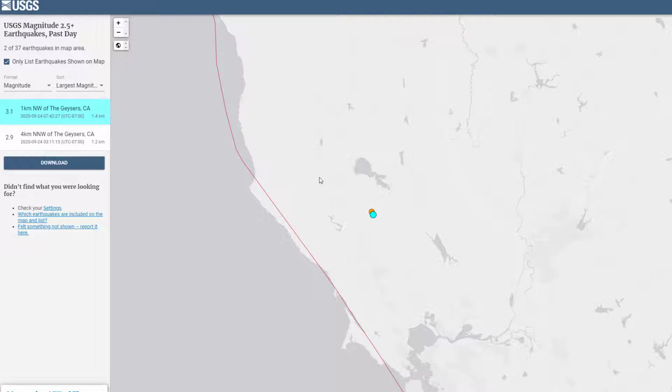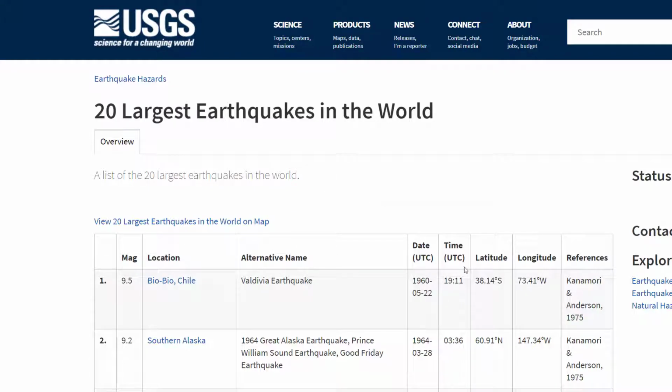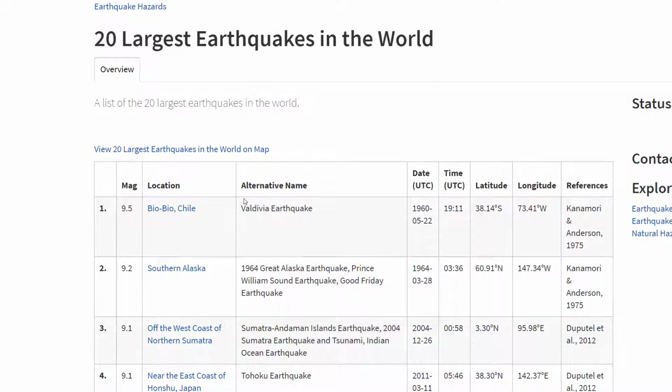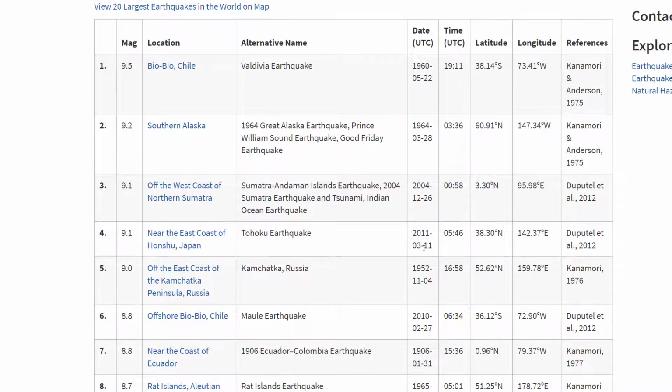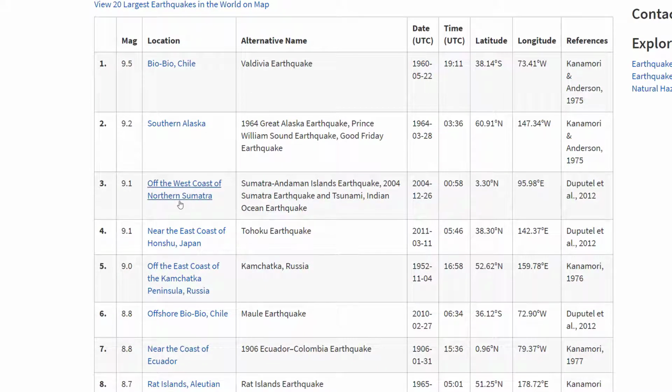Now what we're going to do is search for the USGS largest earthquakes. Here we are, it was actually one of the first hits. I'm just going to scroll through this and find something that's more recent, because you can see this is 1960, 1964. We have one in 2004 off the west coast of Sumatra. That was a pretty devastating earthquake.